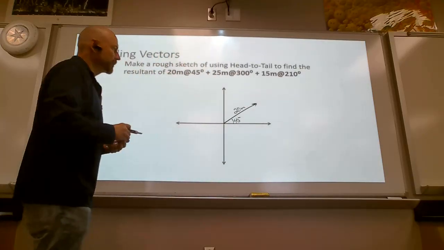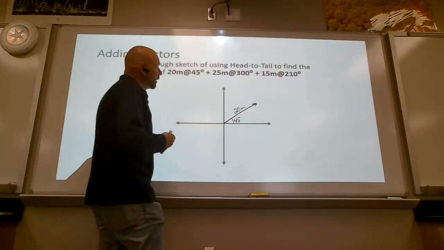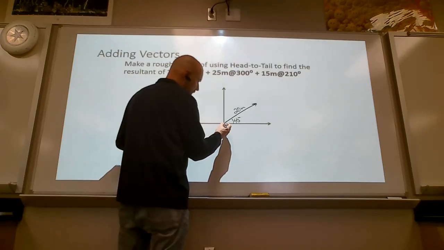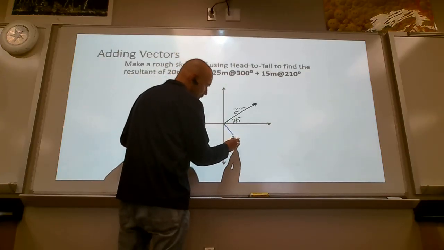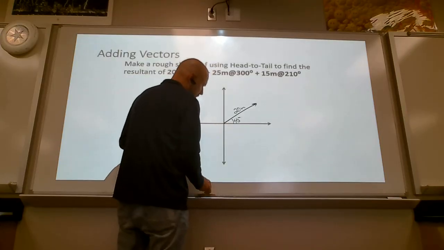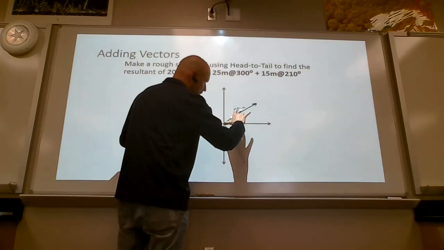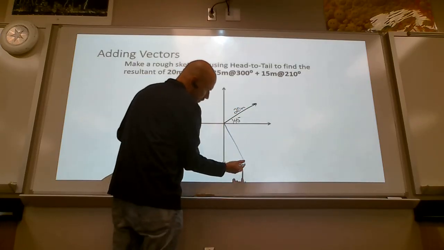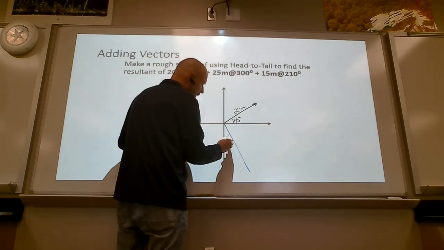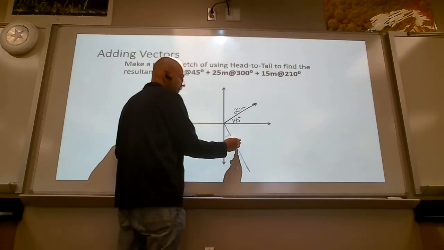I'm going to sketch this kind of at a relative length here. 25 at 300 degrees. You want to make that a little longer. That's 30 degrees, doing some math there, that's 25 meters.